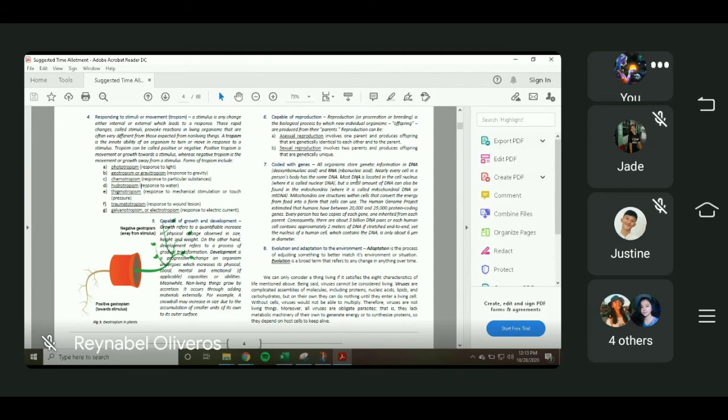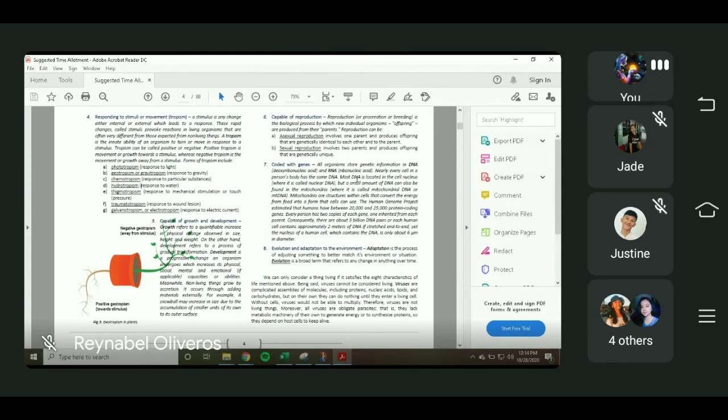Then, another characteristic of an organism is it has the capability of growing and development. Diba? So, makikita naman yan sa inyo as individual. Mula nung bata kayo hanggang ngayon na nagdadalaga na kayo, nag-undergo pa rin kayo ng development.